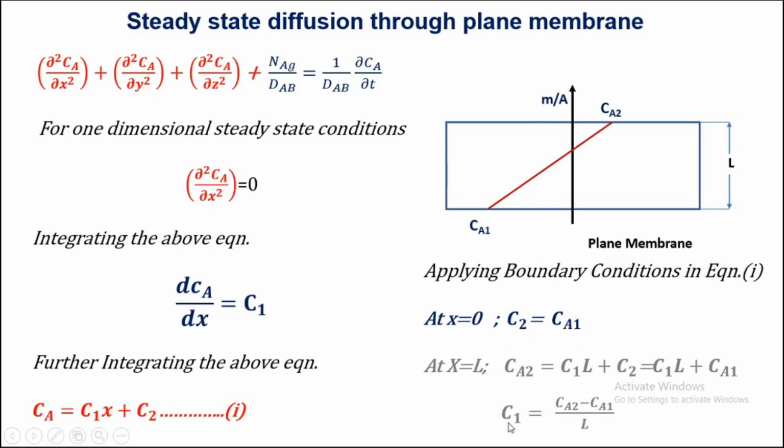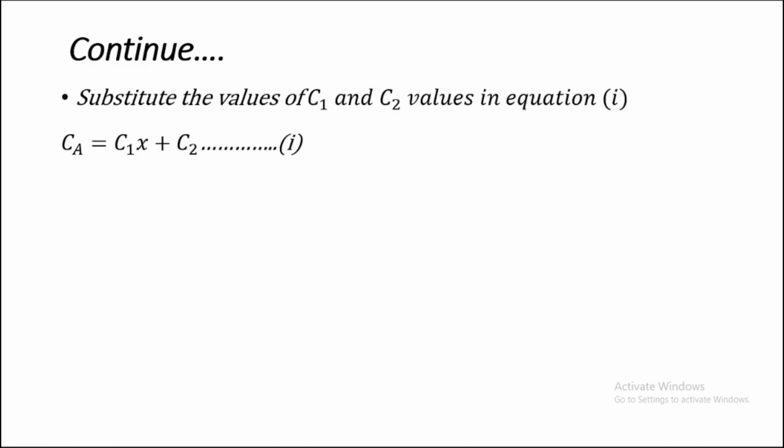If you substitute these C1 and C2 values in equation 1, we will derive the final form of this equation. So C1 is equal to Ca2 minus Ca1 by L into x. The C2 value is Ca1.